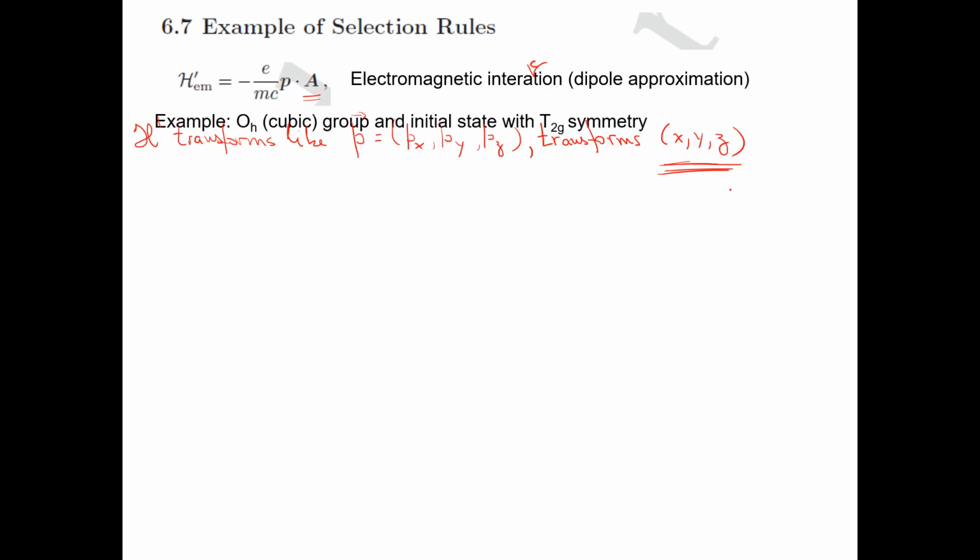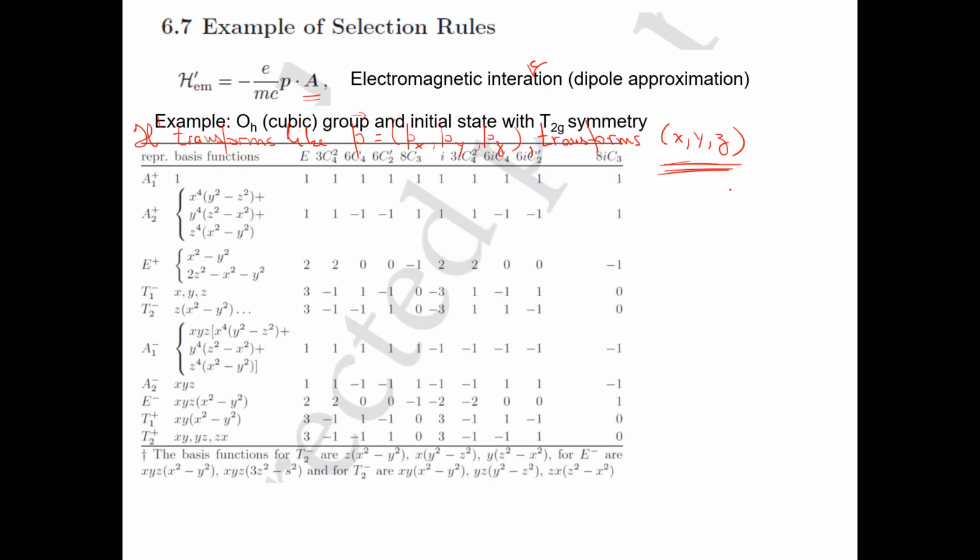Let's take the electromagnetic Hamiltonian and look at possible optical transitions between different states in a cubic environment, in the OH group.